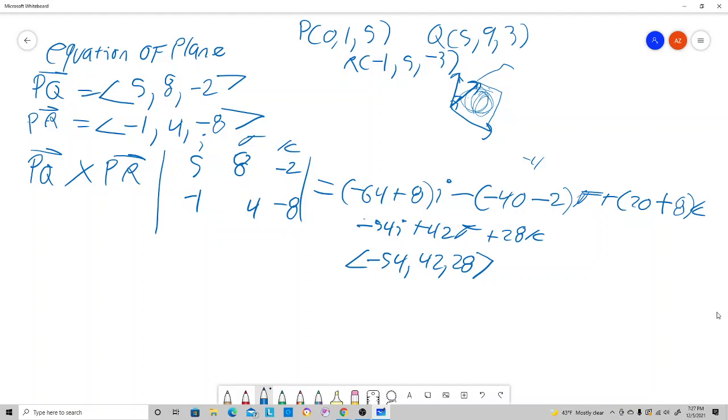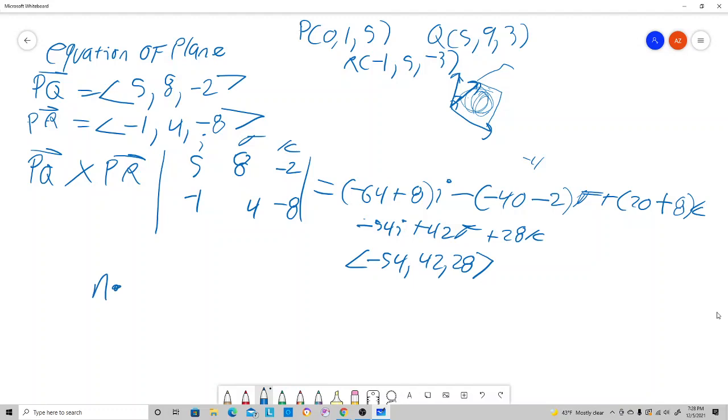Okay, so now that we have this, we have our slope, correct? So now what we can do is take this vector and dot it. Sorry, this should be the general format.